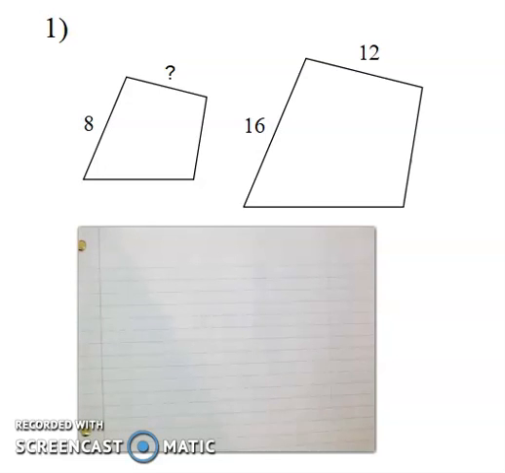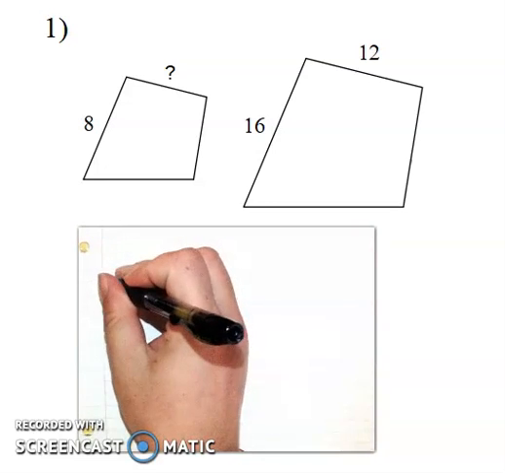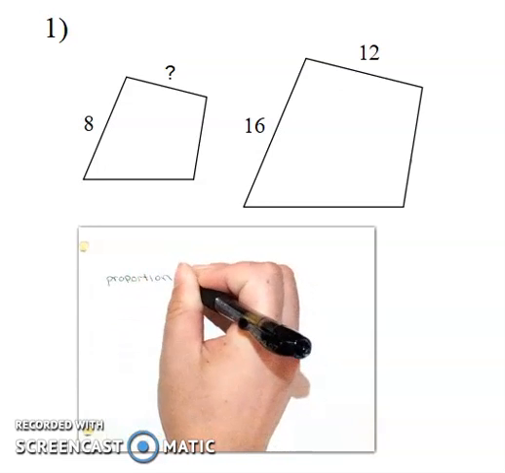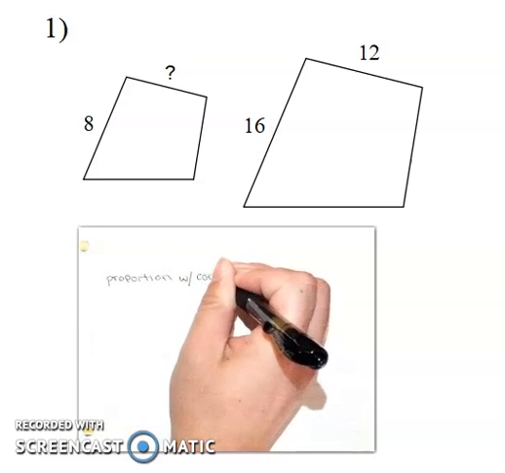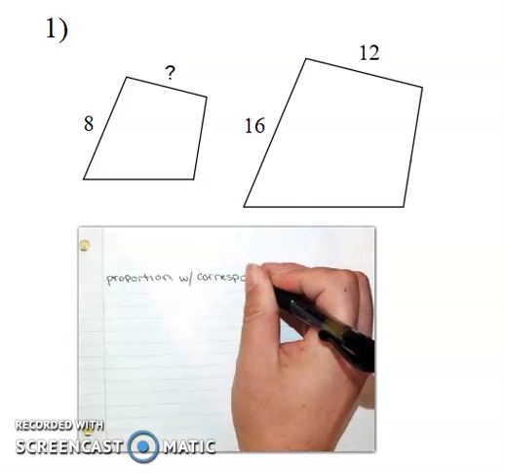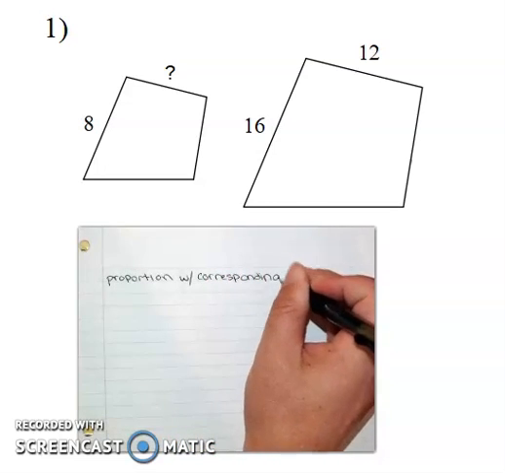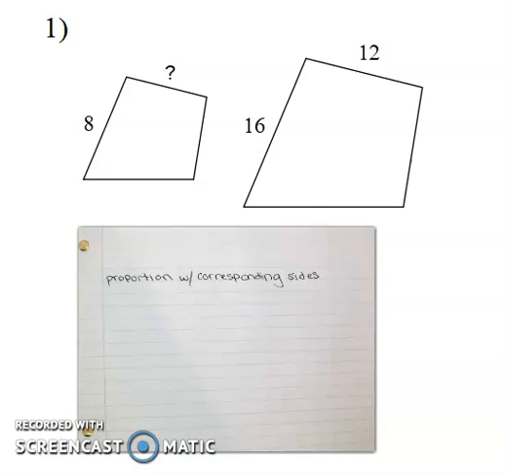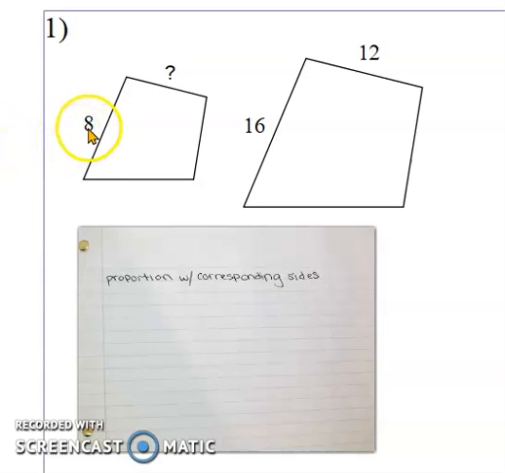You can make a proportion with corresponding sides. And what that simply means is if I look, right, corresponding sides would mean the 8 and the 16 are corresponding, kind of like corresponding angles, angles that are in the same place on the same side of the line.